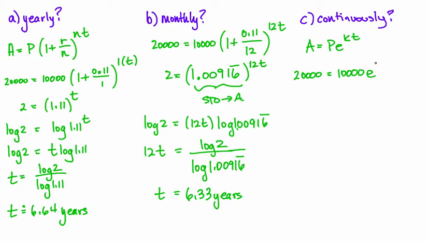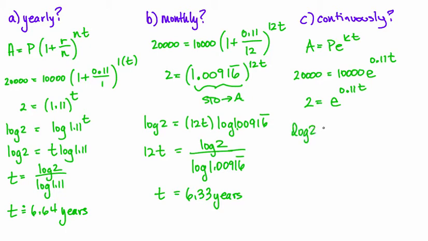My rate, my k value is 0.11 times t. So divide both sides by 10,000, 2 is equal to e to the 0.11t. And then go ahead and log or ln your way through this.